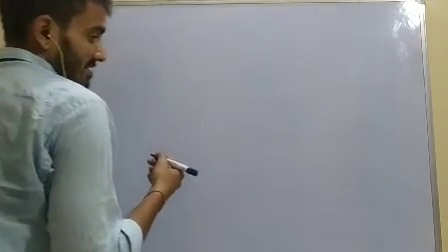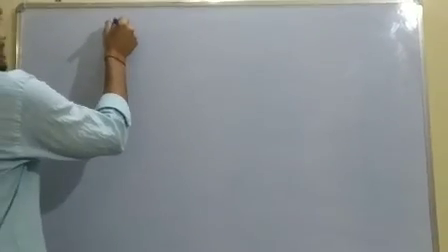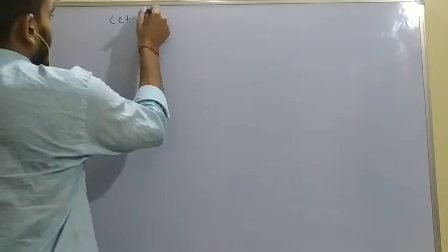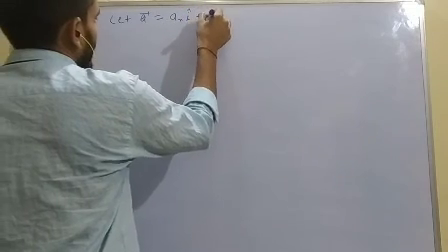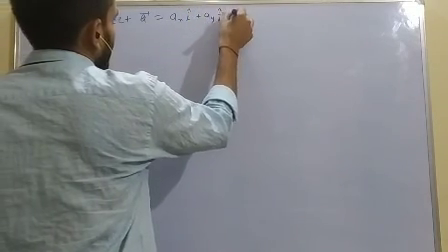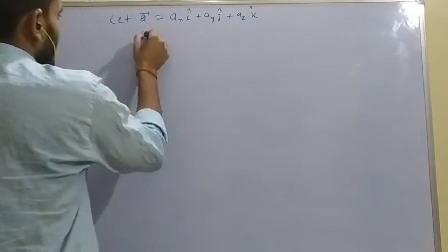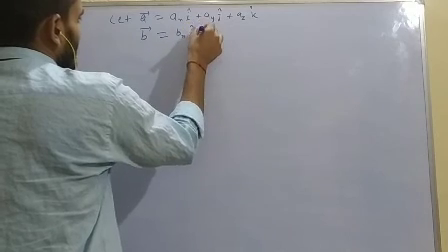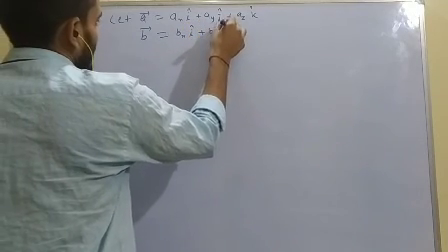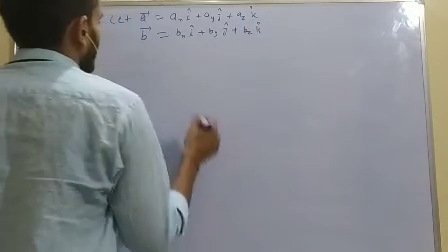We now consider the dot product of vectors having three rectangular components. Let vector A equal to ax i cap plus ay j cap plus az k cap. Vector B equal to bx i cap plus by j cap plus bz k cap.